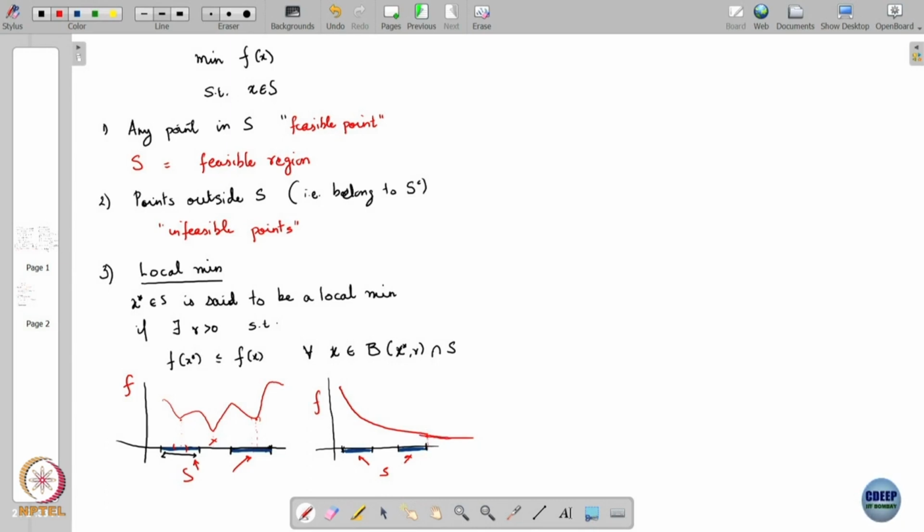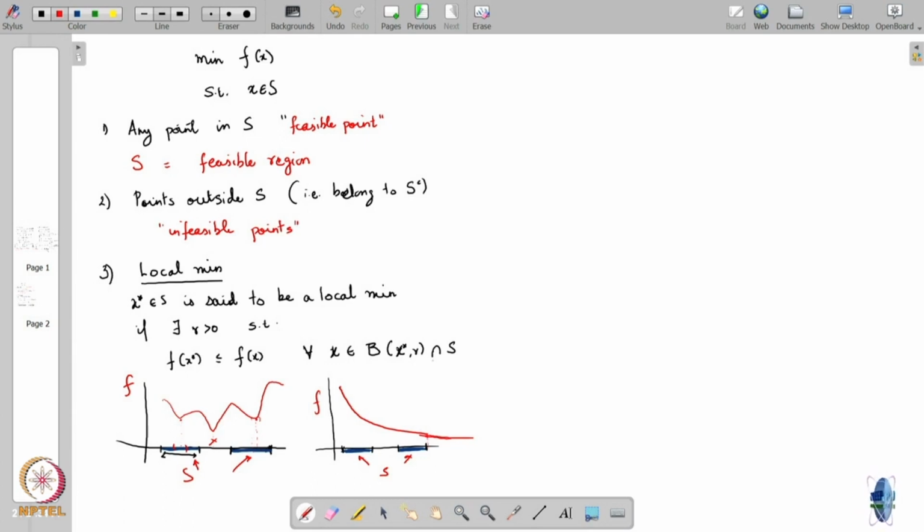If you look at the function on the entire ambient space, which is R, then of course the function decreases further. But when we are talking of local minimum, we are comparing only with points that are in S, not points that are outside S. There may be points outside S that are better than points inside S. That is not of relevance to us.